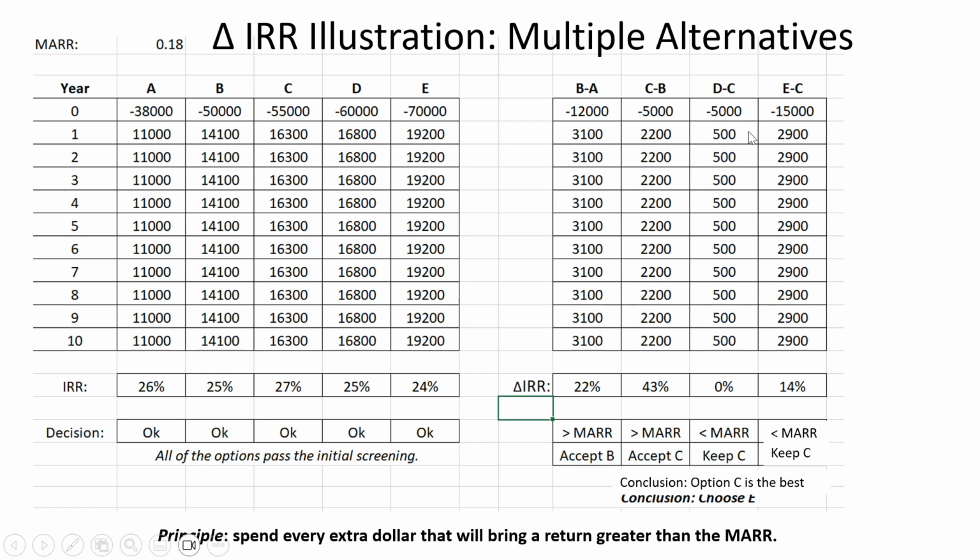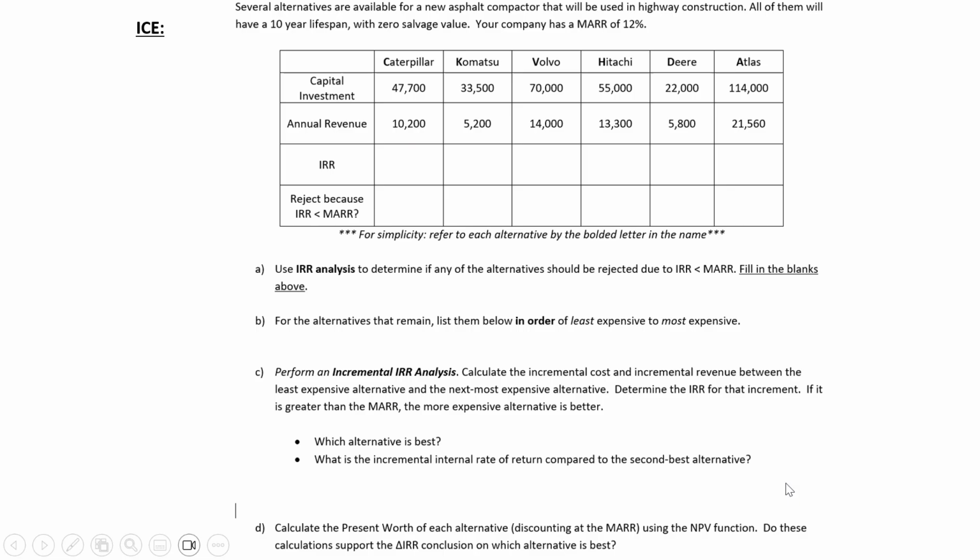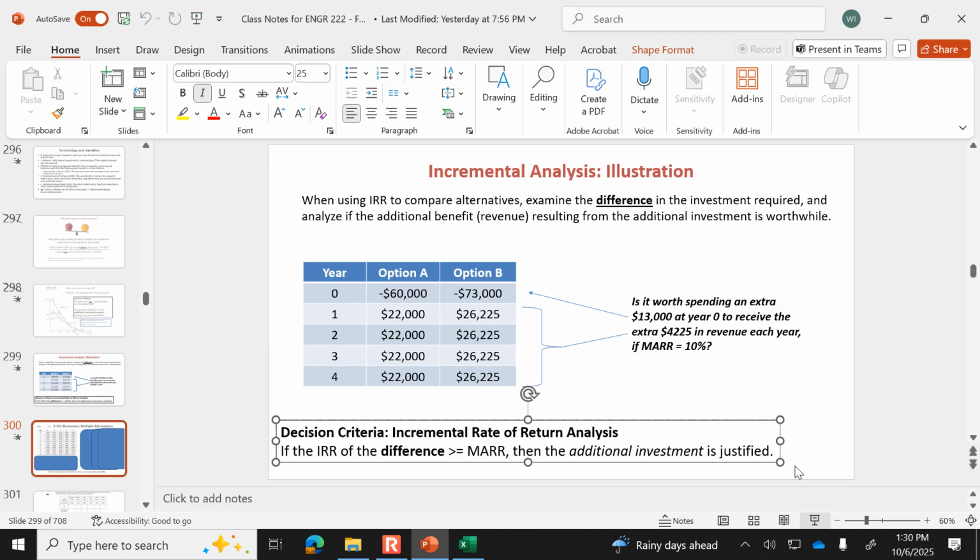Once you reject something, you don't do any further comparisons with it. So in our last matchup, E versus C, the rate of return is only 14%, so we reject option E and keep C, so therefore option C is the best.